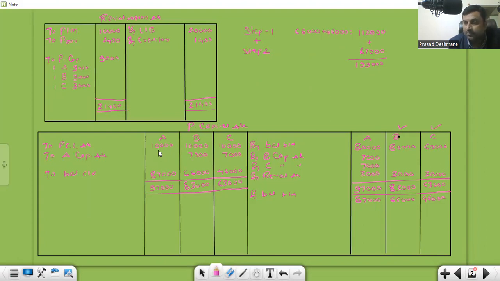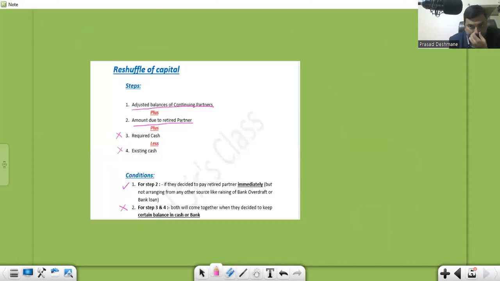In previous sums they have already provided this balance. This sum they ask us to calculate, and for that we need these 4 steps, and we also need to check some conditions. So the first condition is fulfilled, but the second condition is not fulfilled. That's why I'm not using step 3 and step 4.